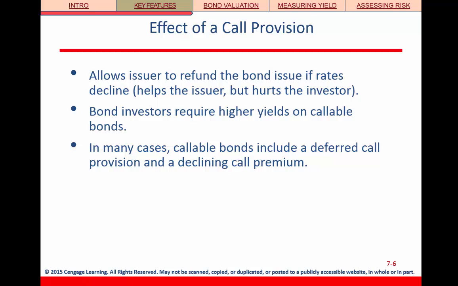So if you looked at two bonds that were basically the same and one was callable and one was not, the callable bond would have a higher interest rate than the non-callable bond. And that's to compensate the investors for the extra risk that they're taking on.